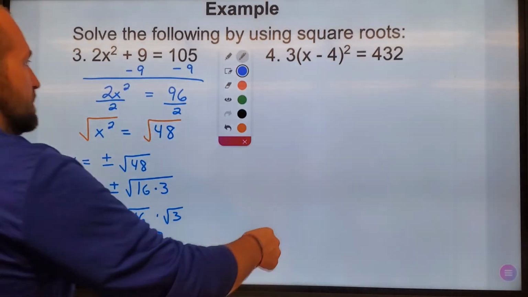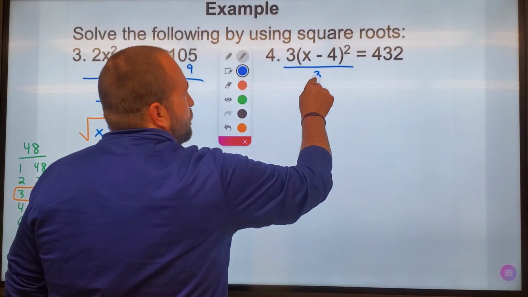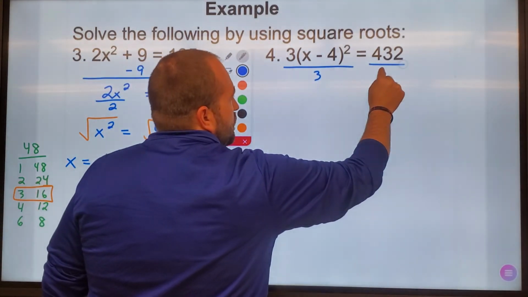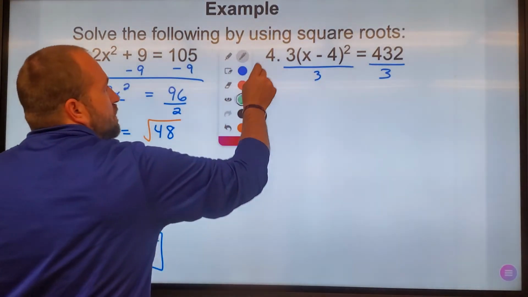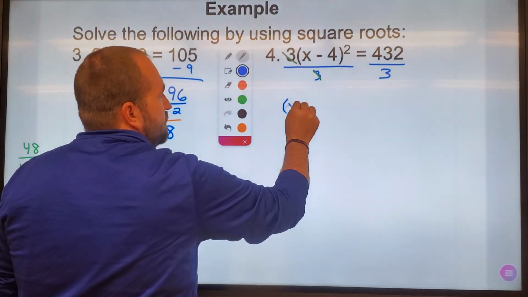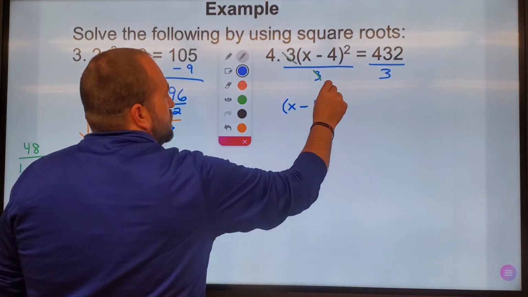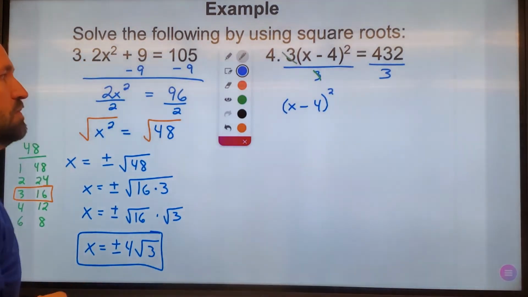Okay, so here I have this 3. I'm going to divide both sides by that 3. When I do that, this expression is going to still come down. Again, I'm going to leave that intact. I don't want to mess with that.